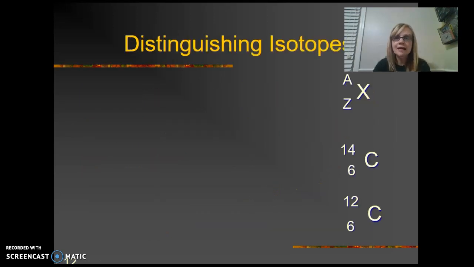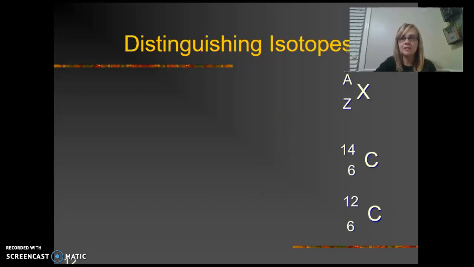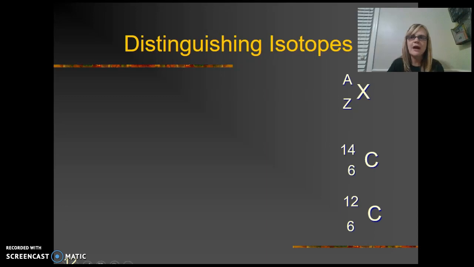Okay, the last thing you need to understand for your homework is distinguishing between isotopes. And we do that using what's called a nuclear symbol. So let's review this whole process. Z stands for atomic number, the number of protons.